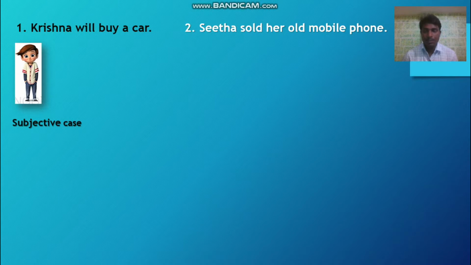Again I repeat, to get what is in the subjective case, we need to ask the question, who will buy a car? Krishna will buy a car. So the answer to this question, Mr. Krishna, goes to the subjective case. And to get what is in the objective case, again we need to ask a question, that is, what will Krishna buy?